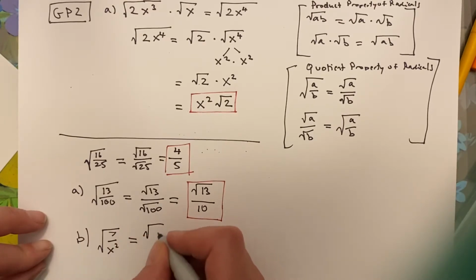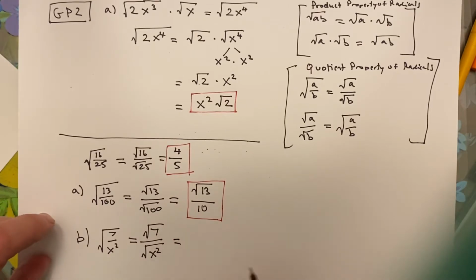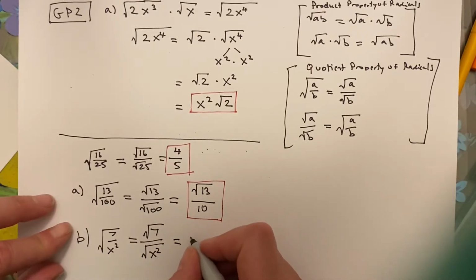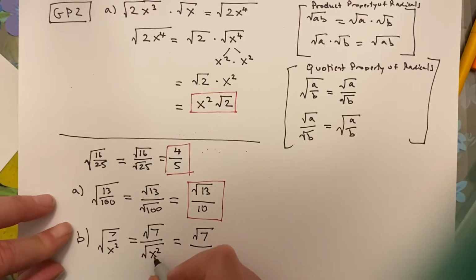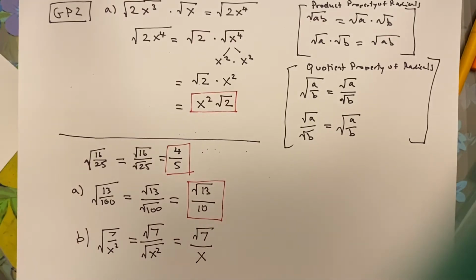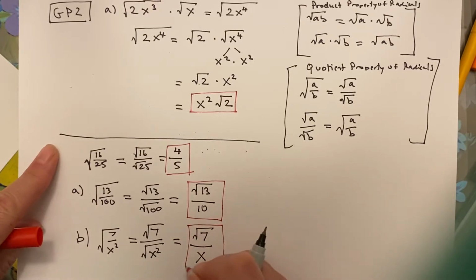I'm going to do the square root of the numerator, which is 7, and the square root of the denominator, which is x squared. My numerator stays because I can't simplify the square root of 7 any further, but my denominator can be simplified because the square root of x squared is just x. So my answer is just going to be the square root of 7 over x.